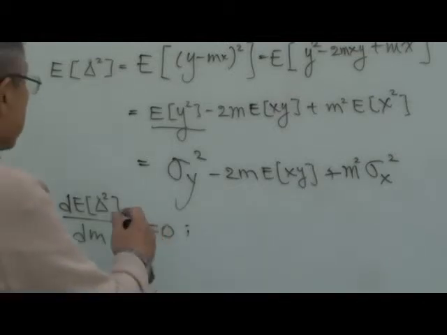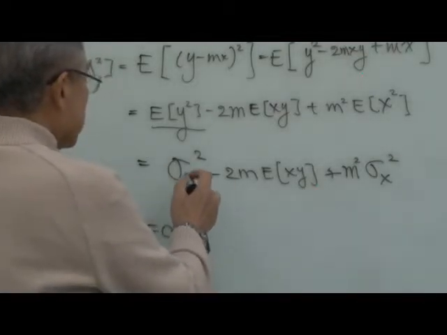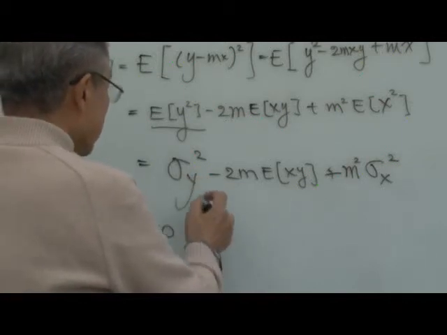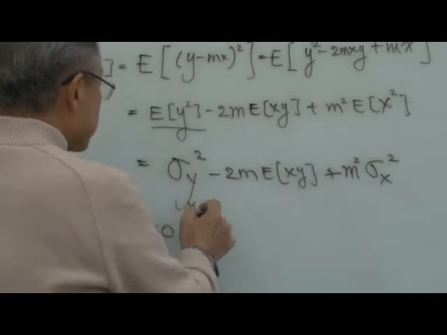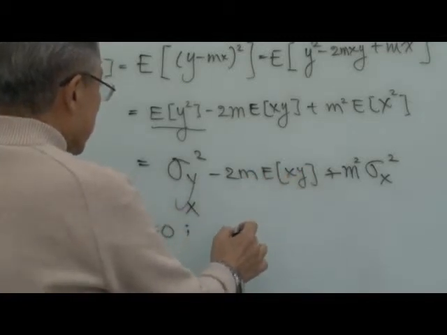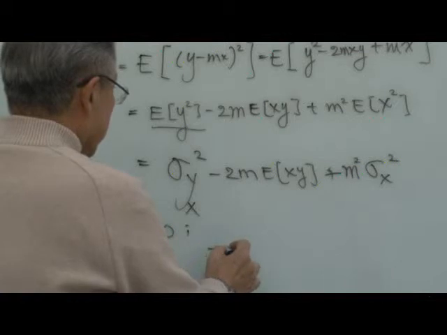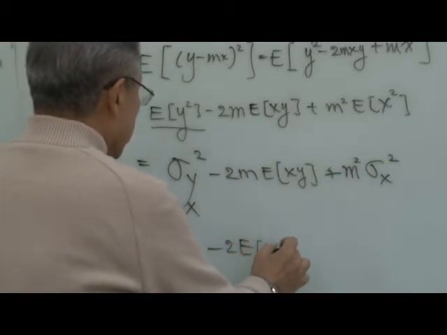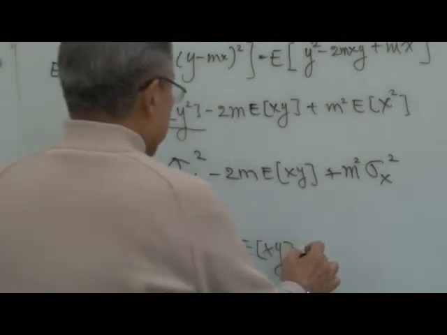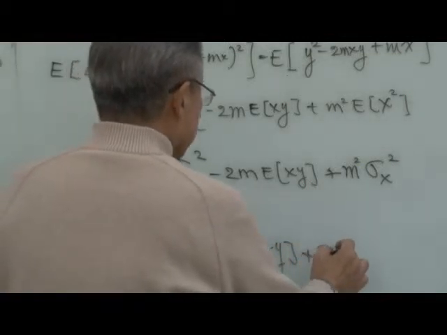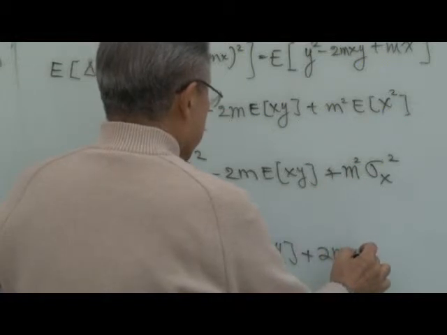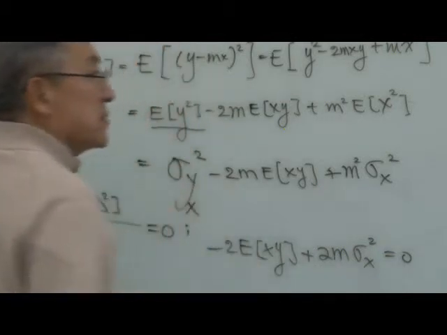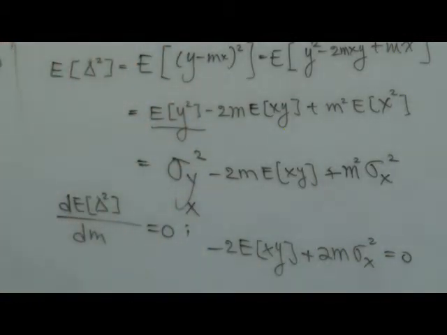So I'm going to take a derivative. So if you take the derivative, which is equal to, of course, 0, here is what? Minus 2 E of xy plus 2m sigma x squared has to be equal to 0, correct? Yeah.